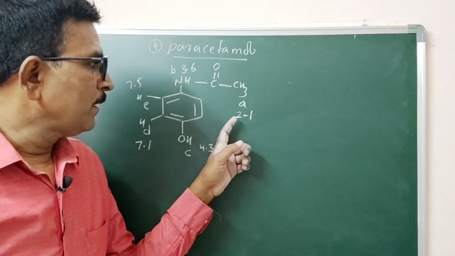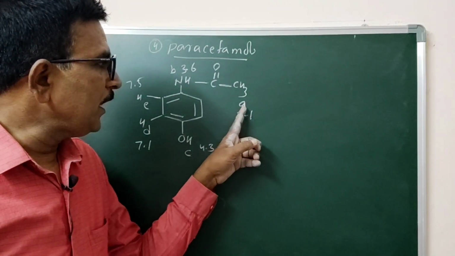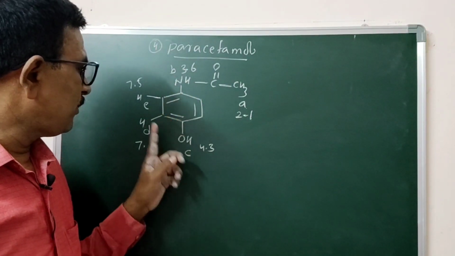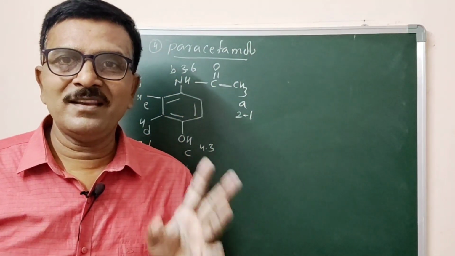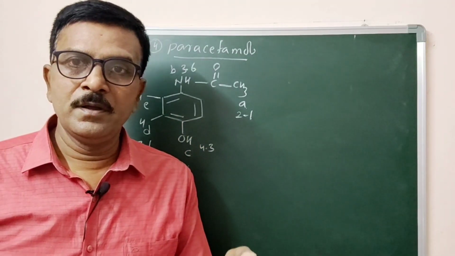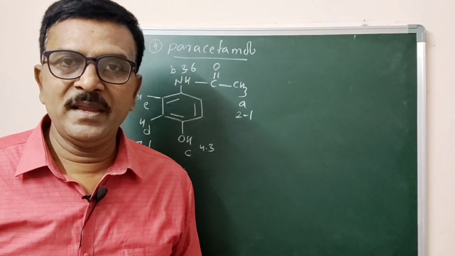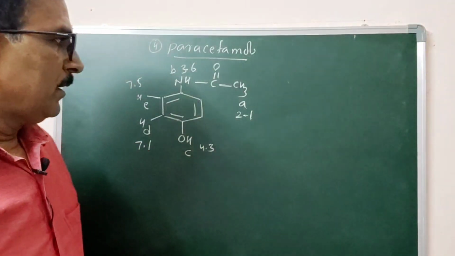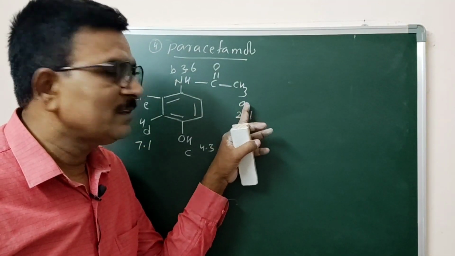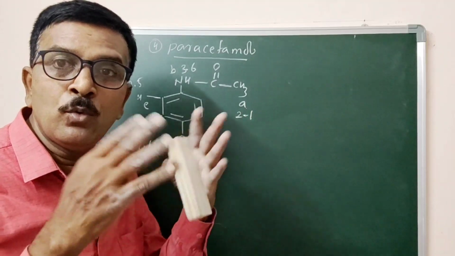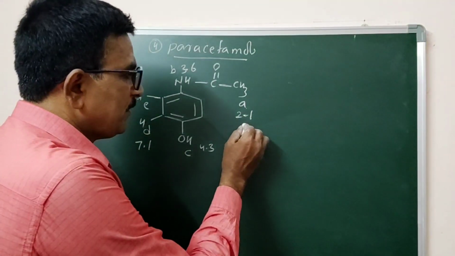Once again, A proton, B proton, C proton, D proton, E proton, all protons of paracetamol are non-equivalent, therefore they appear separately. Is it clear? Now coming to the multiplicity, where the CH3 proton, A proton has no adjacent, therefore singlet.